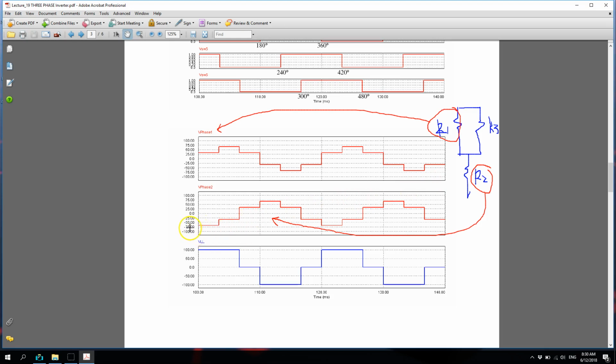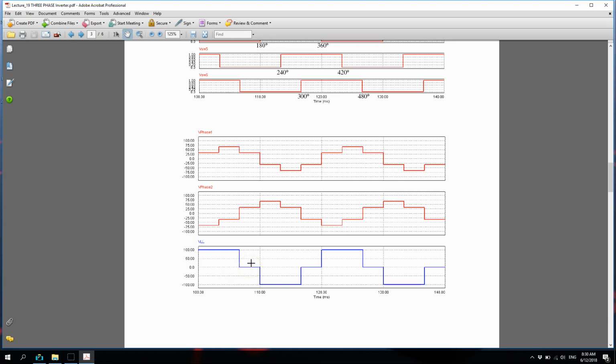It's a negative polarity, so you have minus 66.66 across your phase 2. Alright, so finally we also look at the line-to-line voltage. If you subtract phase 2 from phase 1, you will get 100 volts. Then if you trace further, for that instant you still have 100 volts, but if we get to that point, you will see the output voltage become 0 for the line-to-line voltage.